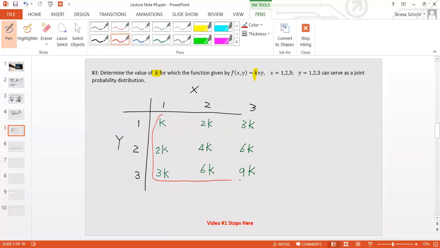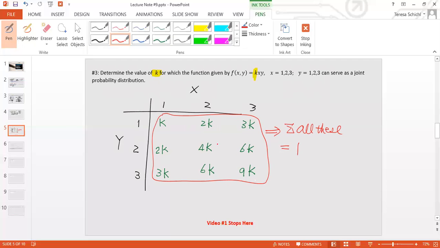We say, hey, you add all these, and the summation is going to be equal to 1, right? Because you add all the probabilities, just like we did for the single random variable. You need to add them up to 1.